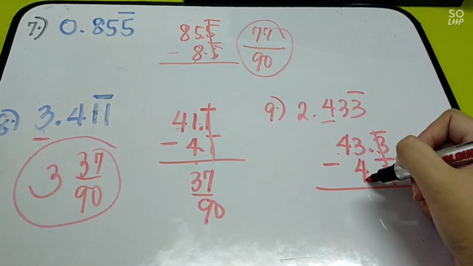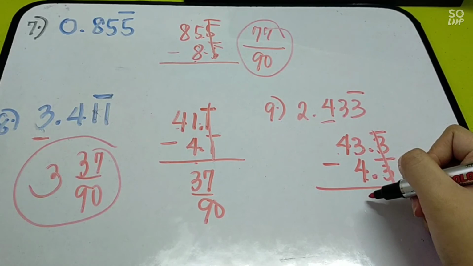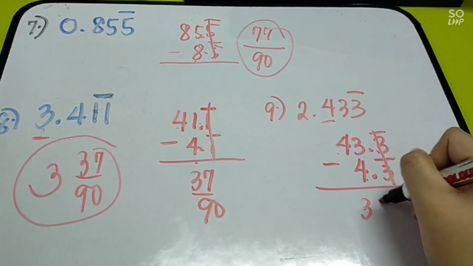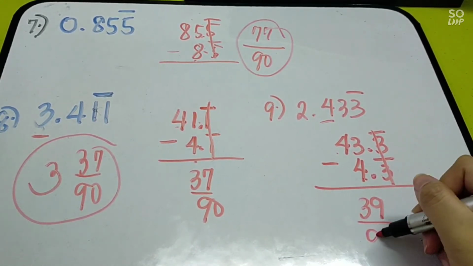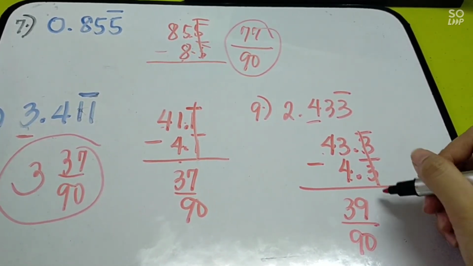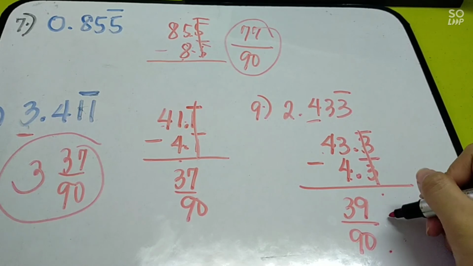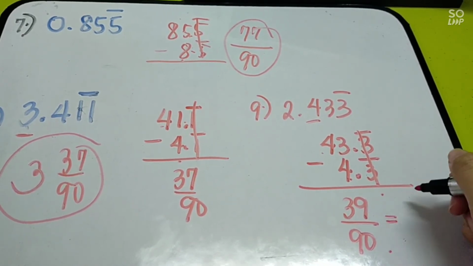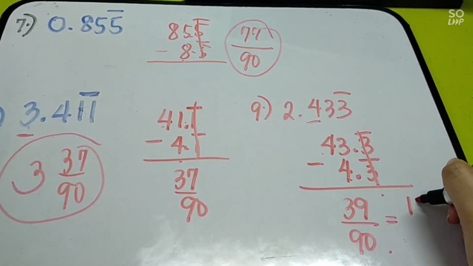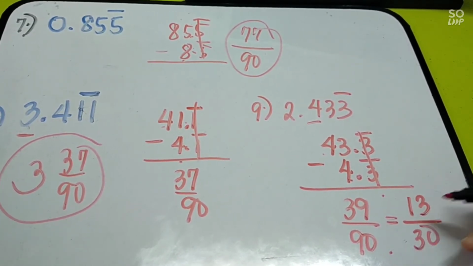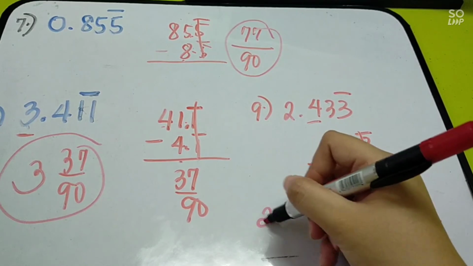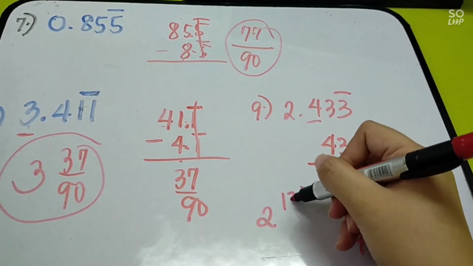Then, 43 minus 4, the answer is 39. So, 39 over 90. That's it. 39 over 90 is divisible by 3, so it becomes 13 over 30. So, that is what you put with the 2: 2 and 13 over 30.